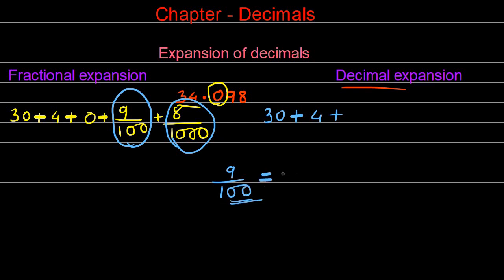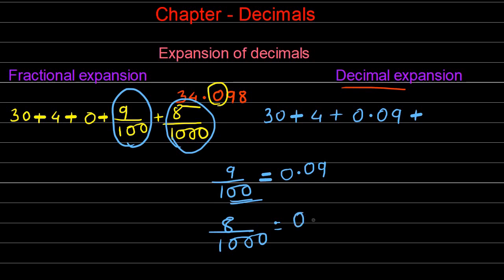We have 2 zeros. That means after the decimal point there should be 2 decimal places. So it makes it 0.09. So 9 upon 100 can be written as 0.09. And how to write 8 upon 1000? 8 upon 1000 is nothing but, how many zeros do we have?